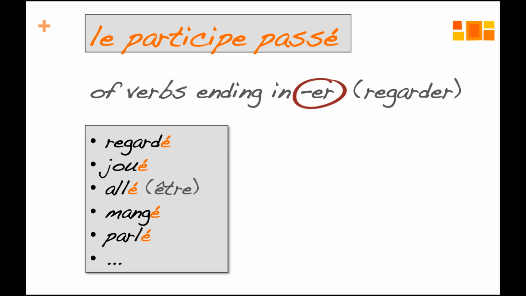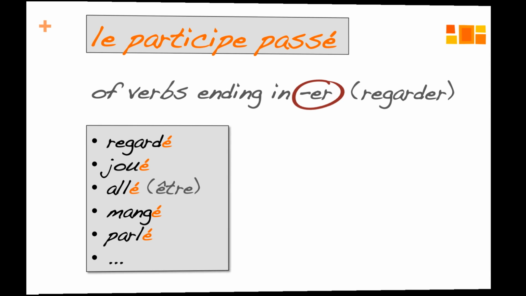You will have to be careful because aller actually builds this past tense with être. But the past participle, of course, you can also put into that list, although this is a video with the participe passé plus avoir. So we'll remember, if you have a verb ending in er in the infinitive, the participe passé is easy: regardé, joué, allé, mangé, parlé, and so on.